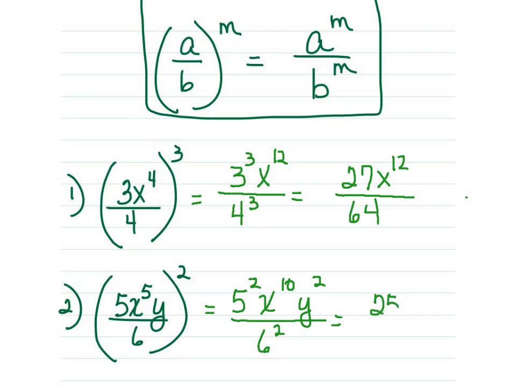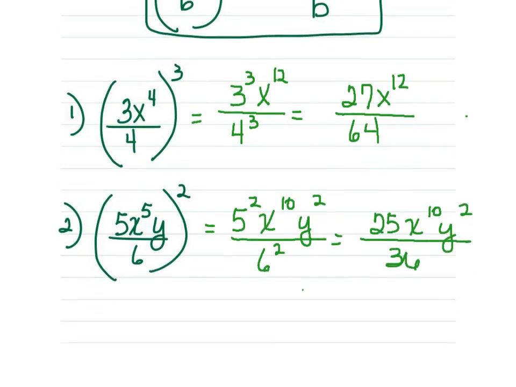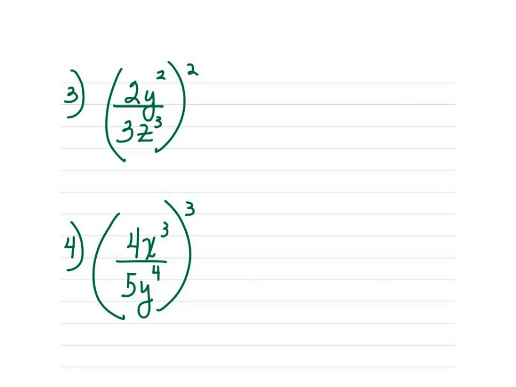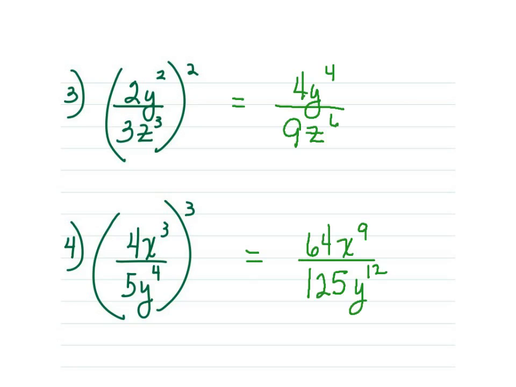Be 25, x to the 10th, y squared, over 36, and you would reduce if possible. Number 3, please hit pause and work that out on your own. Go ahead and check your answers.